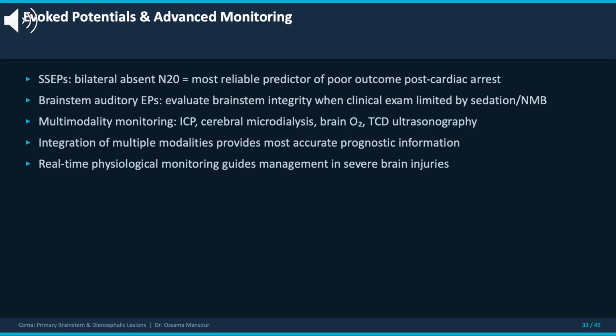Advanced multimodality monitoring, including intracranial pressure monitoring, cerebral microdialysis, brain tissue oxygen monitoring, and transcranial Doppler ultrasonography, provides real-time information about cerebral physiology and can guide management in selected patients with severe brain injuries.